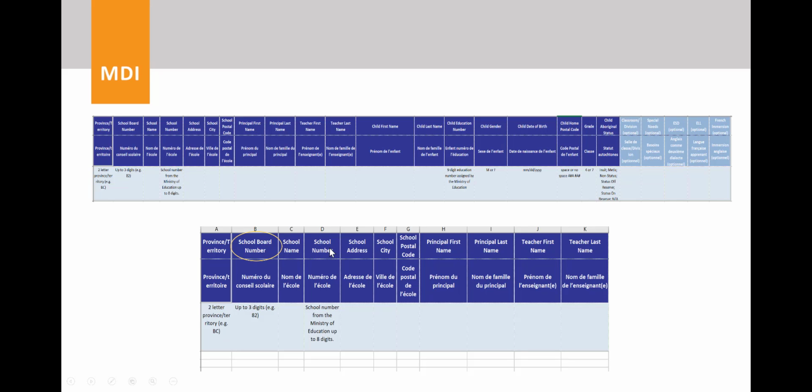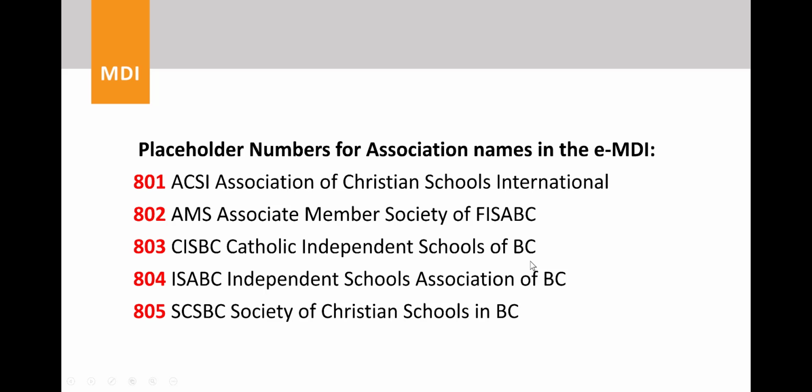For the school number, which is in column D, this is where you put in your MIN code. So the placeholder numbers that we have for each of the associations are below. So this will be provided to you in the PDF guide that we will email you as well. So for example, if my school is under ISABC, I will use 804.